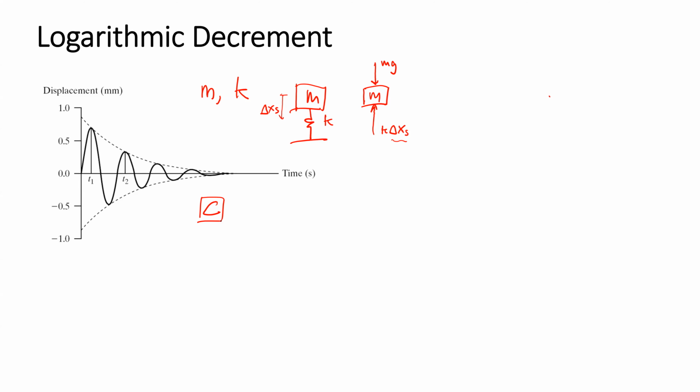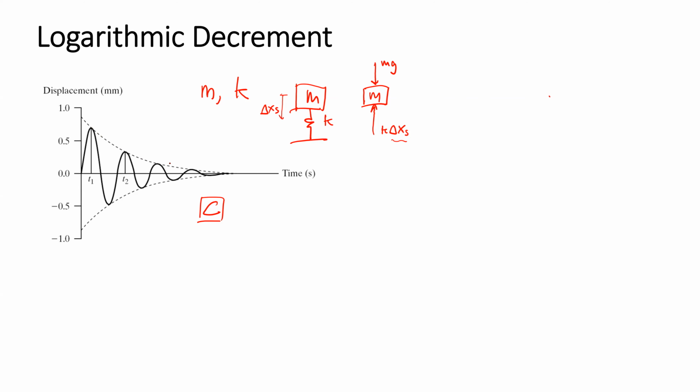The concept of the logarithmic decrement is that we know that the damping coefficient, or the damper in the system, decreases or decays the magnitude of the vibration. So we can observe the magnitude of the vibration by measurement.